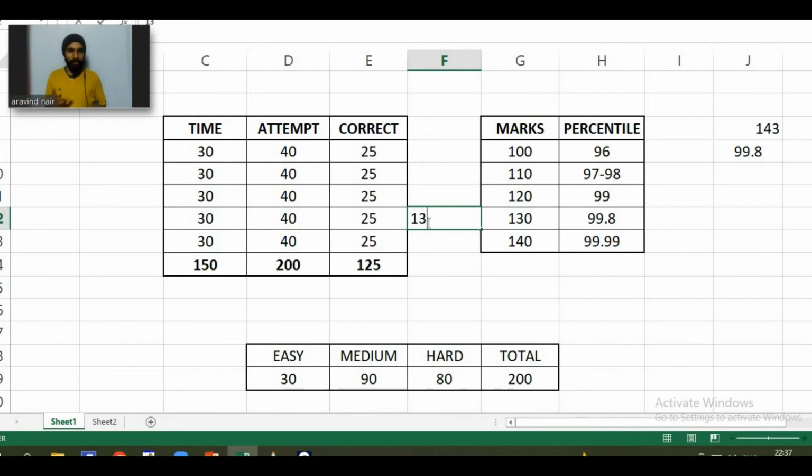Not even 135, 132 or something. That's the marks which I would have gotten as compared to 143 if the test was like the usual pattern that comes in the exam. So that way you can see that I'm securing still 99.7 or 99.8 percentile, which basically means more than 125. I'm happy that I secured 143 marks, but I could have secured more, but never mind.